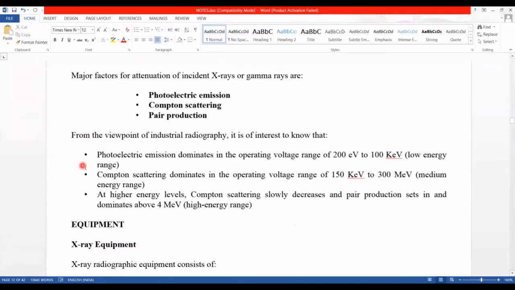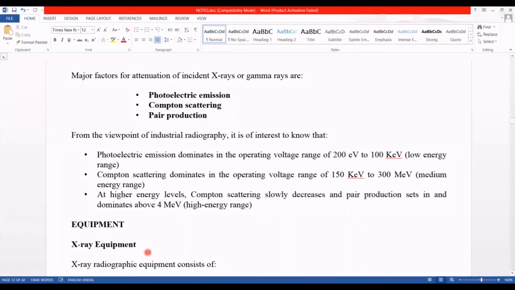Now we see what the different energy loss mechanisms are, that is, the different factors for attenuation. Already I told you the radiation intensity is reduced while interacting with the matter. What are the different ways of reducing intensity?